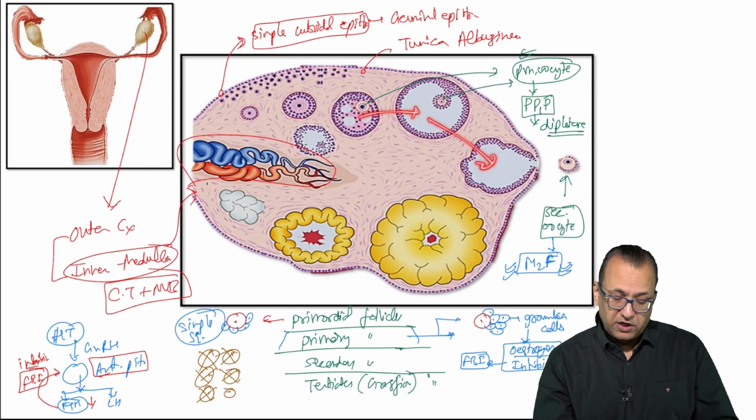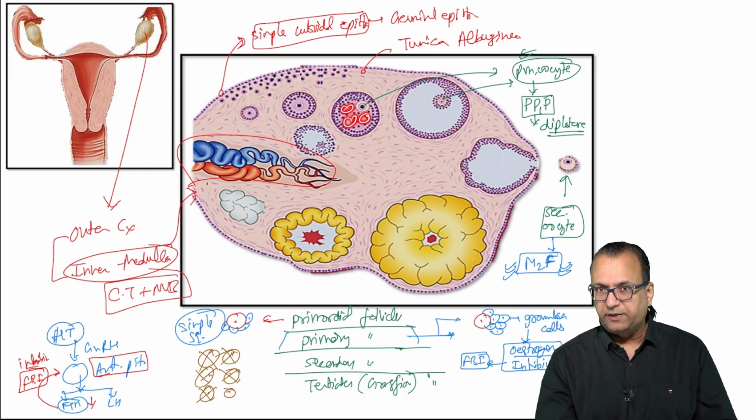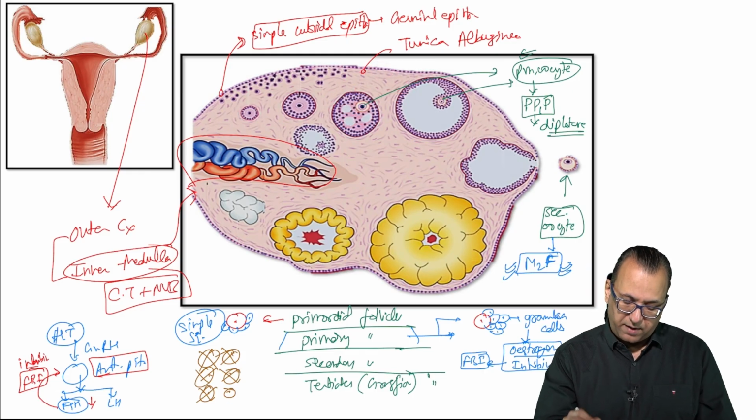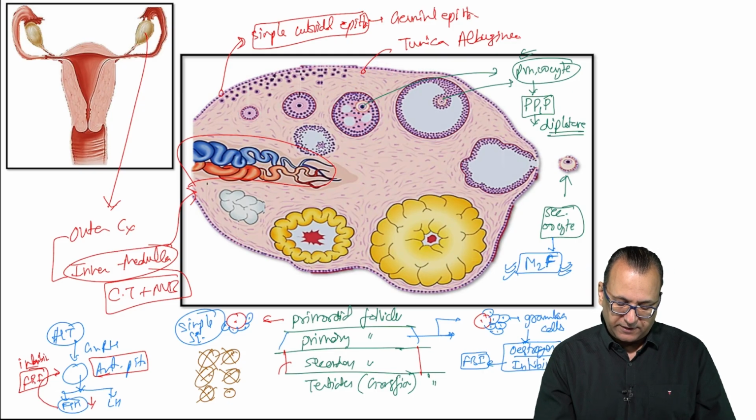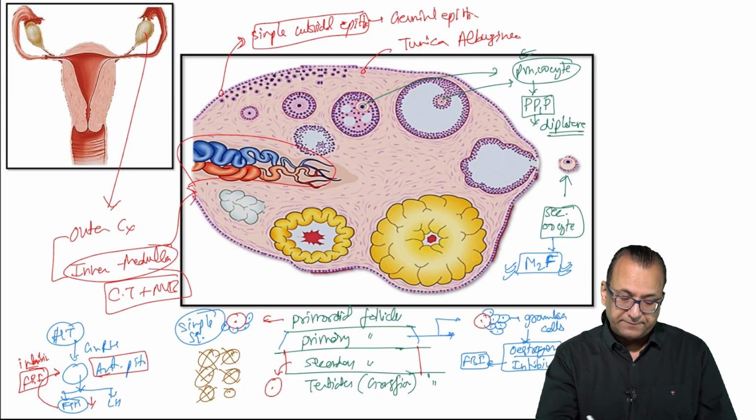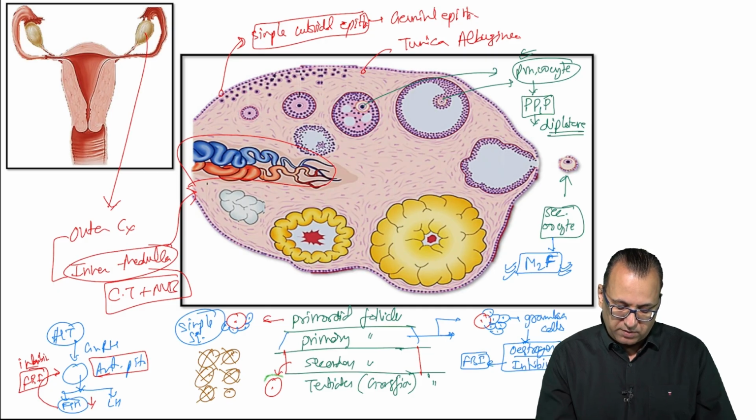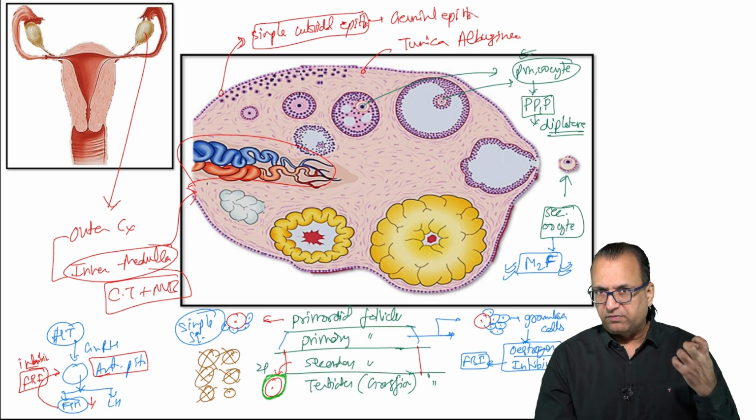secondary and tertiary follicle. You see, secondary follicles start developing antral spaces, and the secondary follicle will be having a zona pellucida also. So there is a zona pellucida, a glycoprotein membrane which attracts the sperm for fertilization, secreted not only by the oocyte but also by granulosa cells. So when you are talking about the secondary follicle, what is the specialty? In the secondary follicle, you will have the primary oocyte now covered by what is called the zona pellucida, and the zona pellucida is a glycoprotein membrane, and that zona pellucida is to attract the sperm for fertilization.